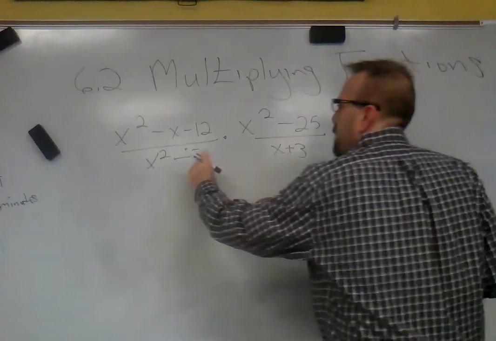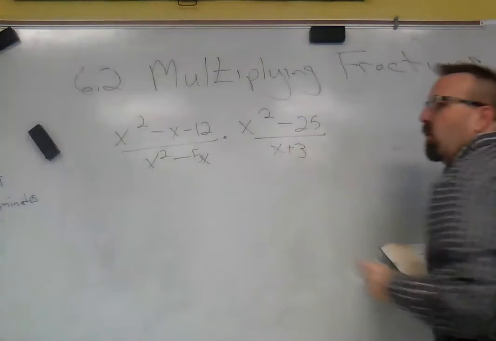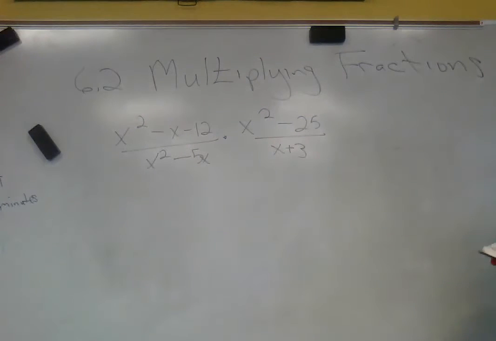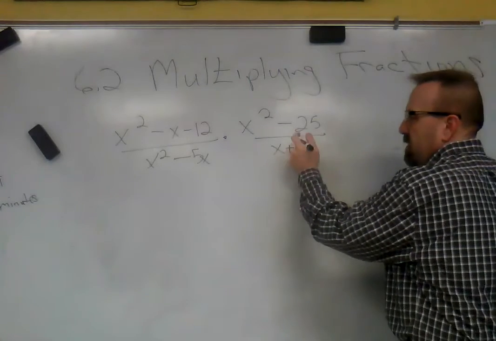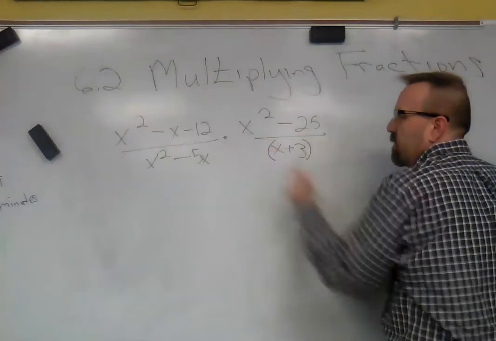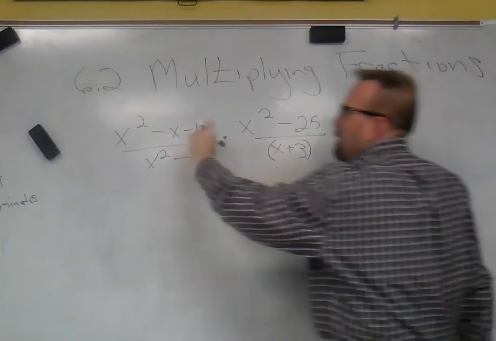So we want to work on each section individually, one at a time, before we start worrying about any simplifying. So going back to yesterday, this is simplified, so let's put it in parentheses. Okay, that part's done. Now let's come up here and look.